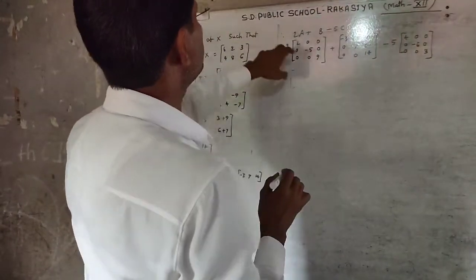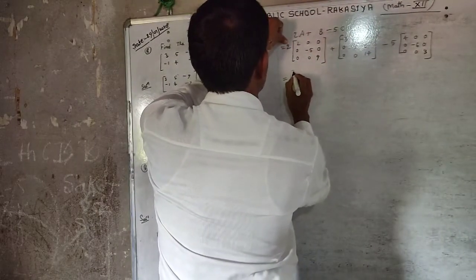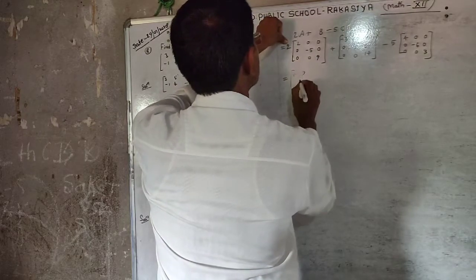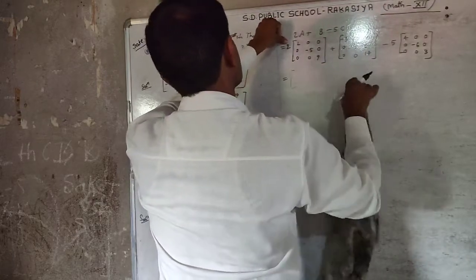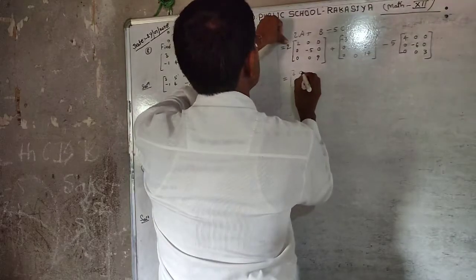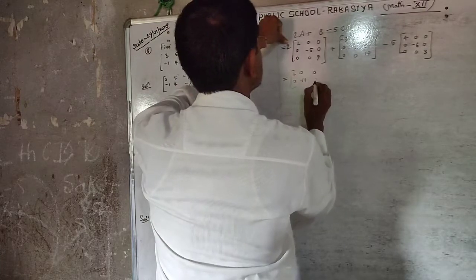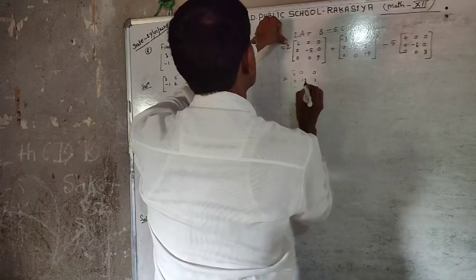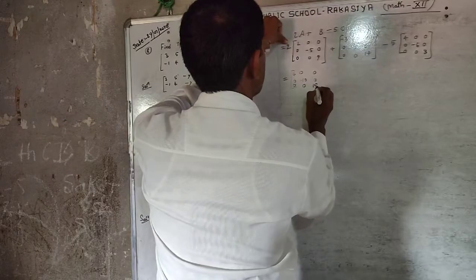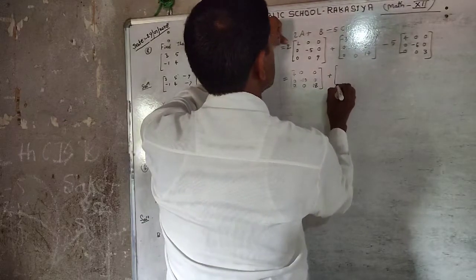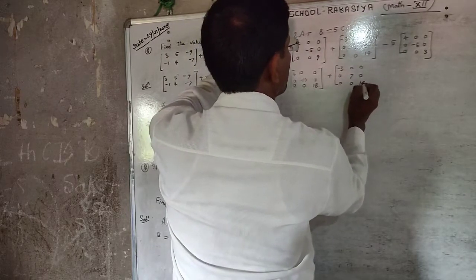We multiply 2 with all elements of matrix A, means 2 twos are 4, 2 into 0 equal to 0, 2 into 0 is also 0, 0 0 0, 2 into minus 5 is minus 10, and 2 into 0 is 0, 2 into 0 is 0, and 2 into 9 is 18, plus matrix B, [minus 3 0 0; 0 7 0; 0 0 14].